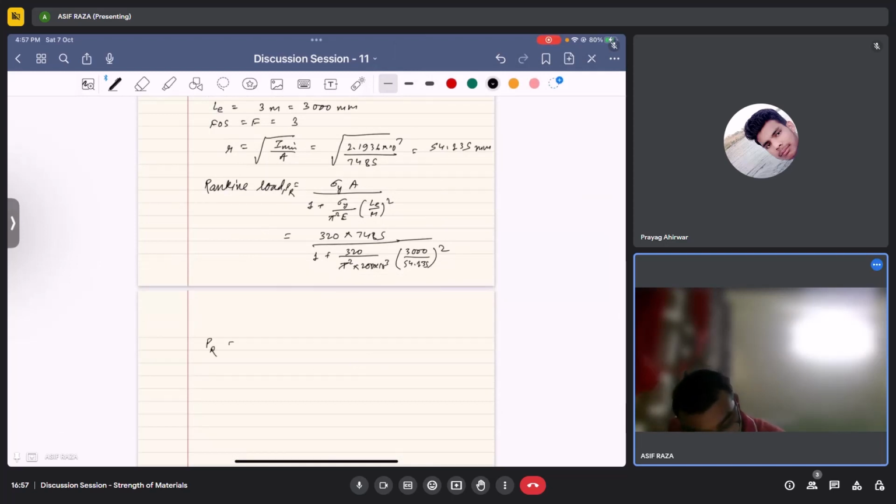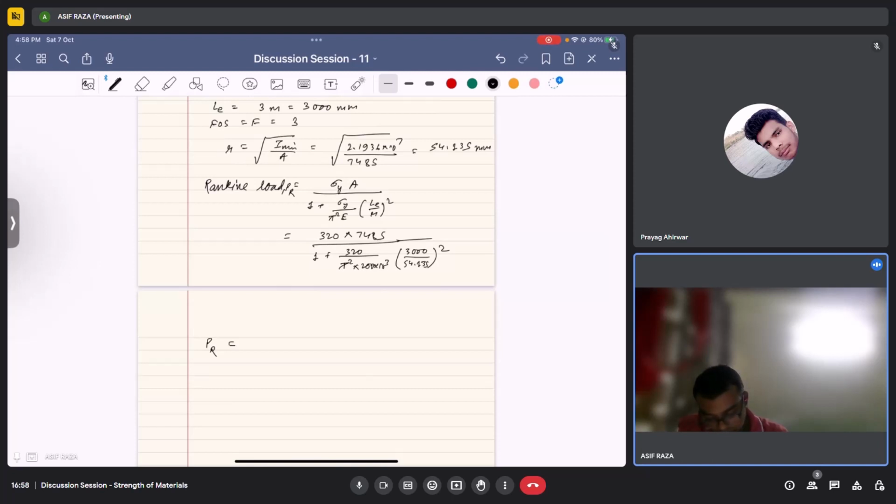So PR equals to, do the calculation, 320 into 7485 into 1 plus 320 divided by pi square into 200 into 10 to the power 3 into 3000 divided by 54.135 square, to the power minus 1.